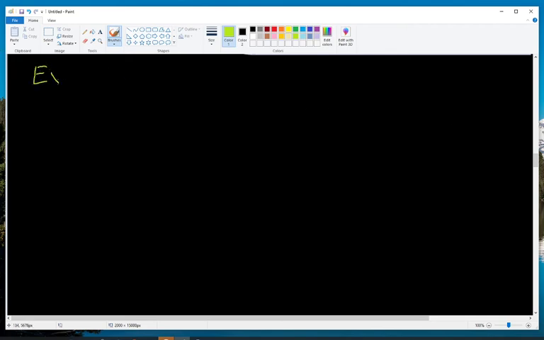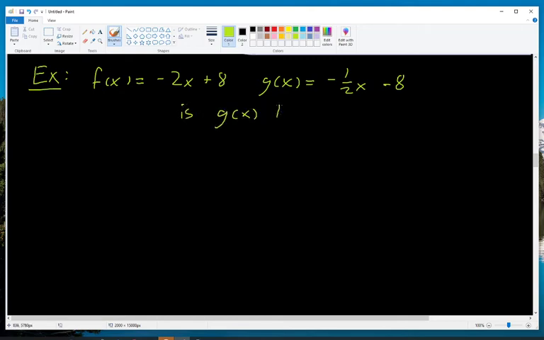So for this example, we're going to say f of x is equal to negative 2x plus 8, and g of x is equal to negative 1/2 x minus 8. And we'll say, is g of x the inverse of f of x?